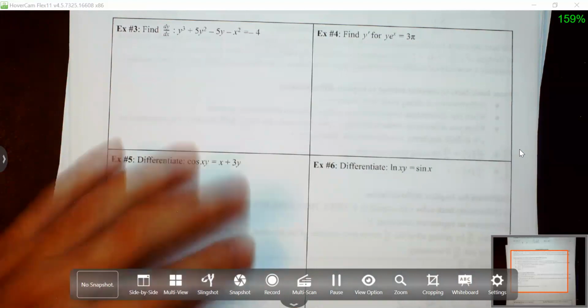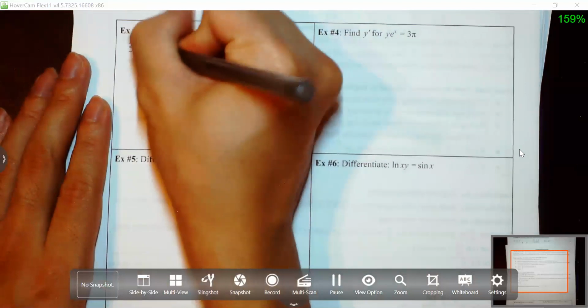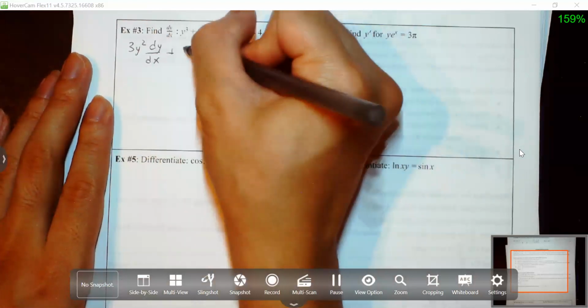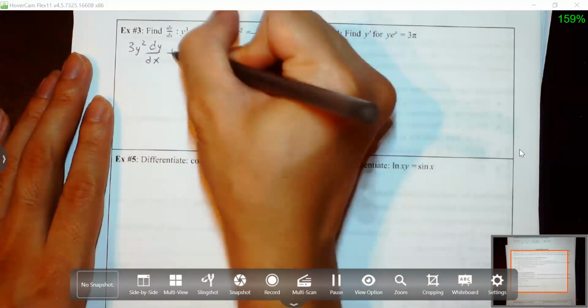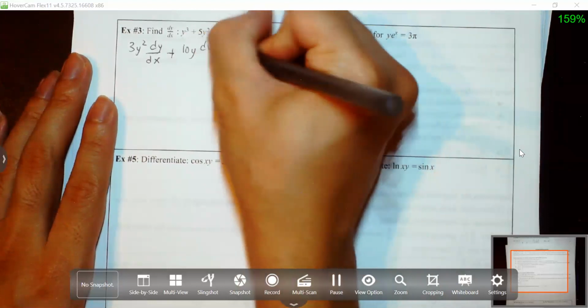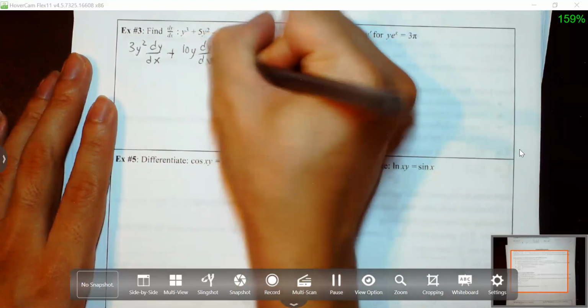So if we take the derivative here, the derivative of y cubed is 3y squared. And then since this is a y term, I need to put dy/dx, plus 2 times 5 is 10y. That's the derivative here, but since I'm taking the derivative with respect to x, I need to put a dy/dx.